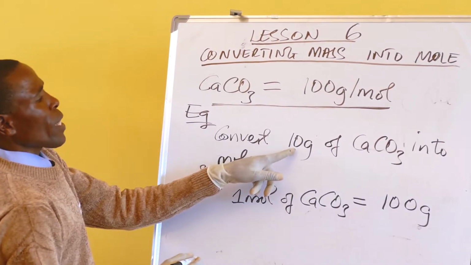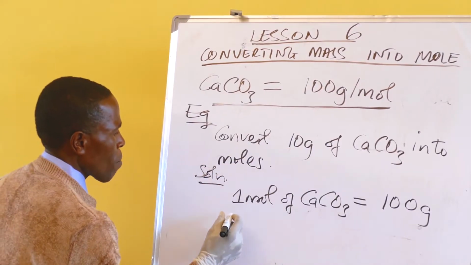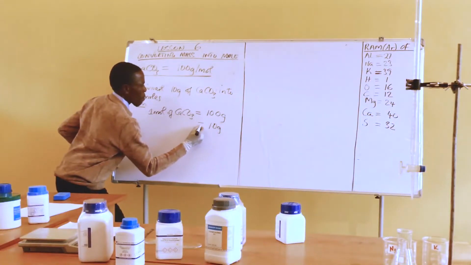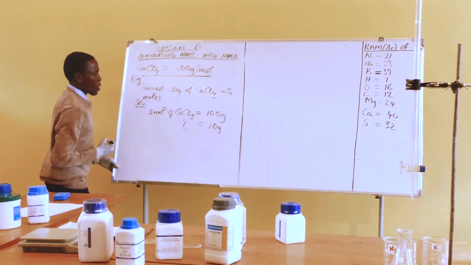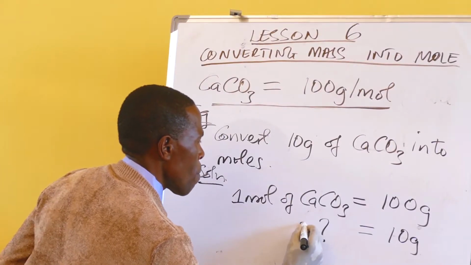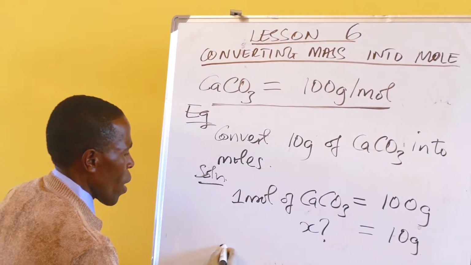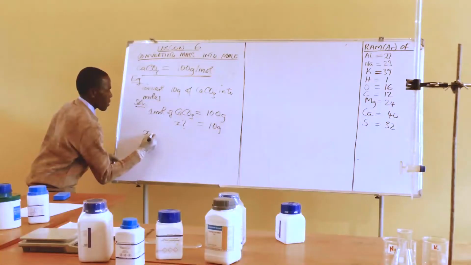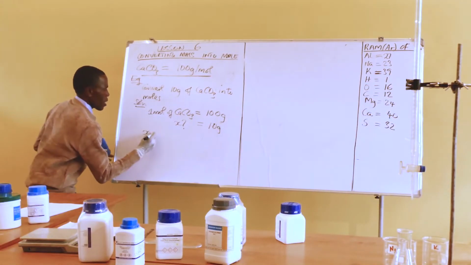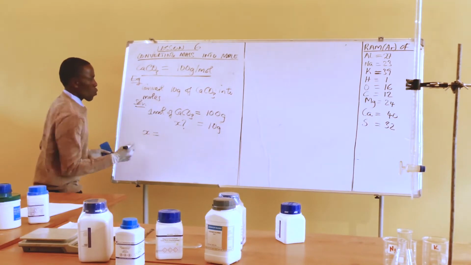Now, how about 10 grams of calcium carbonate? That means 10 grams of calcium carbonate contains how many moles? That is so simple. Let us put X there.